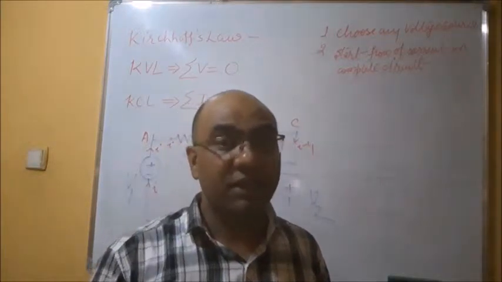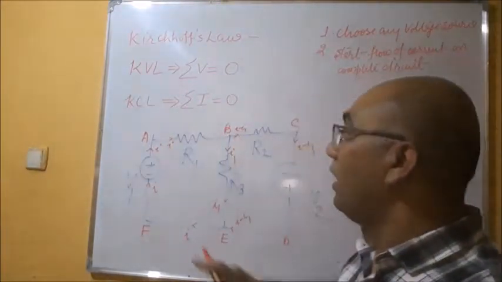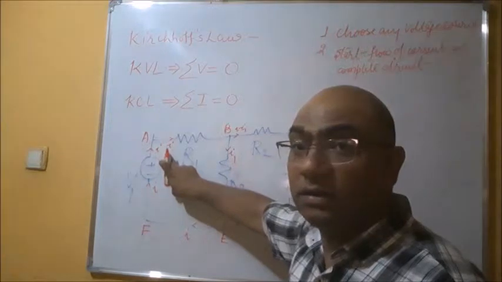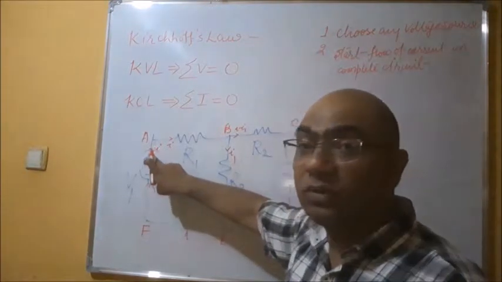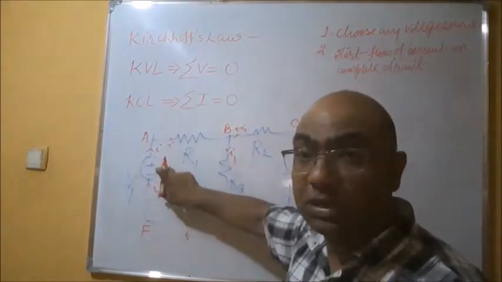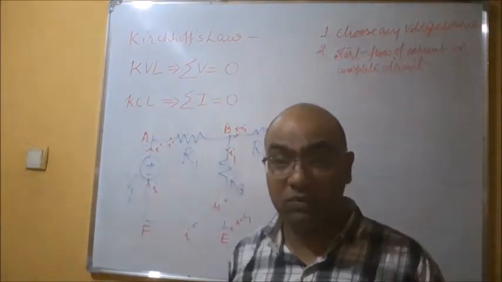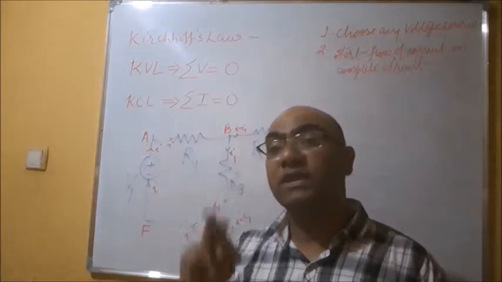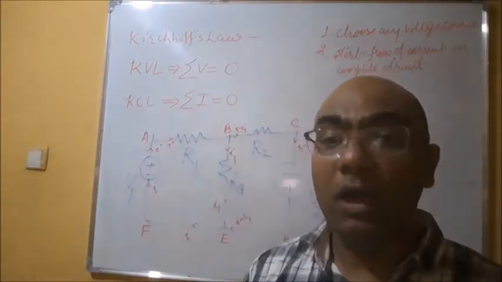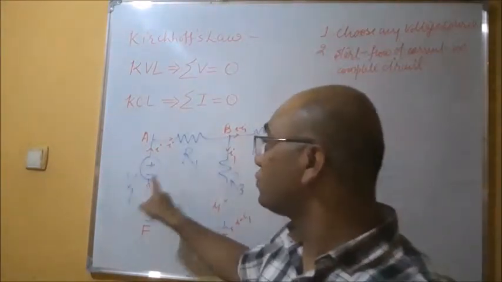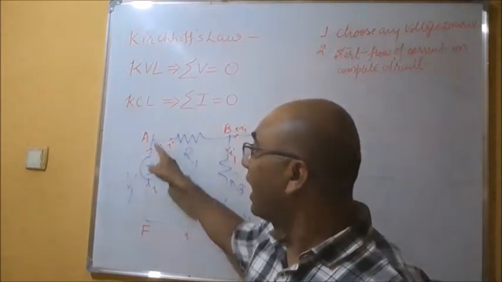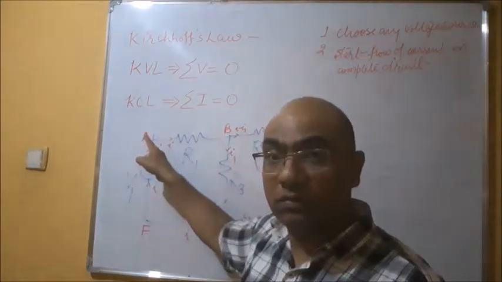It can be checked: if the current I is going out from this voltage source, then the same current I must come back at this voltage source. You getting that? What I am assuming? I am assuming that from the voltage source V1, the current I was going out.